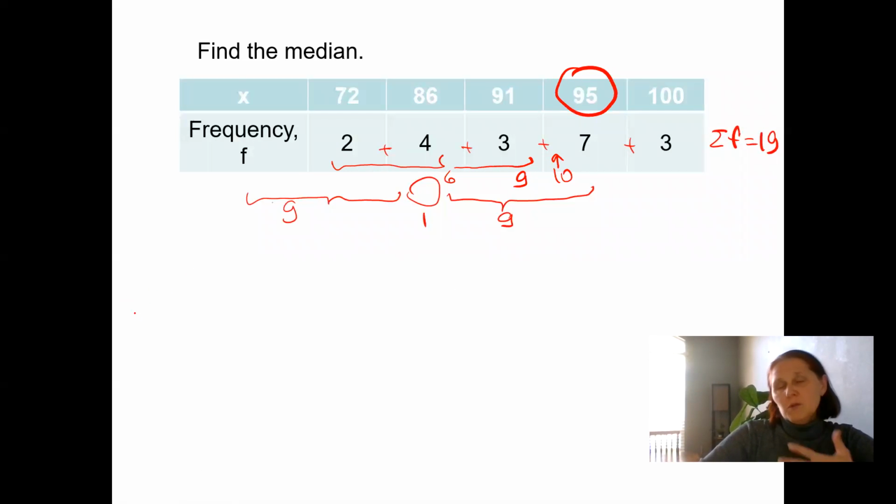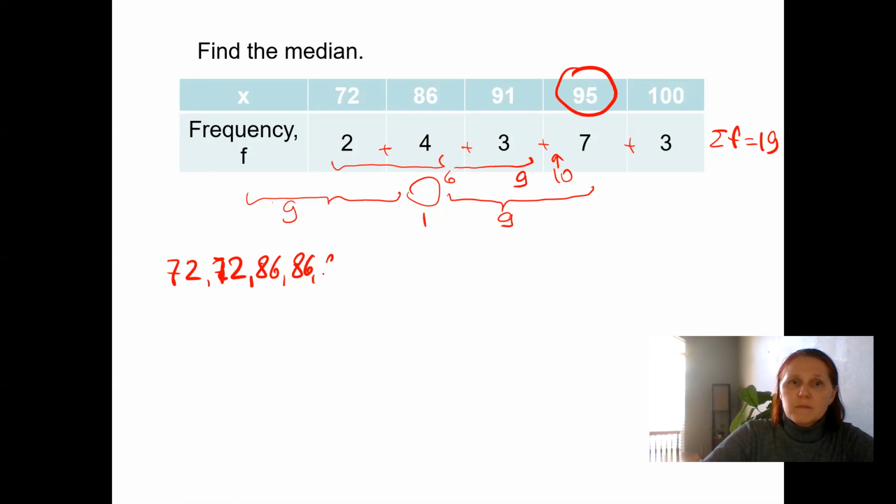But if we don't have so many numbers, we can also list them. So we have 72 and 72, the frequency of 72 is 2. The frequency of 86 is 4, so we have 4 times 86. Then we have 3 times 91.